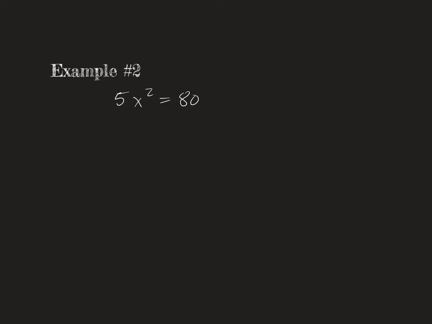I want to rewrite this as 5x squared minus 80 is equal to 0. In this case, a is equal to 5, b is equal to 0, and c is equal to negative 80. And now you can plug it into the equation.